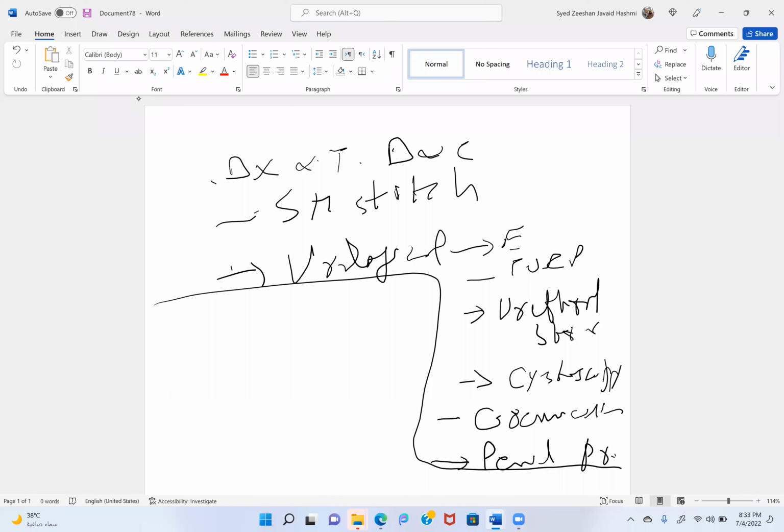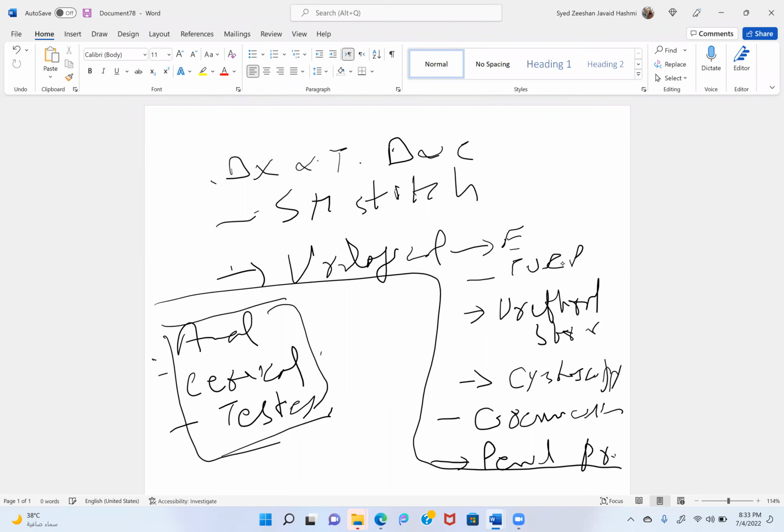Of course, there will be big procedures which will be reaching below the level of the umbilicus. But if I ask you what is common if you talk about anal procedures, cervical procedures or testes, is there a common thing you should never forget, a complication which can occur here?